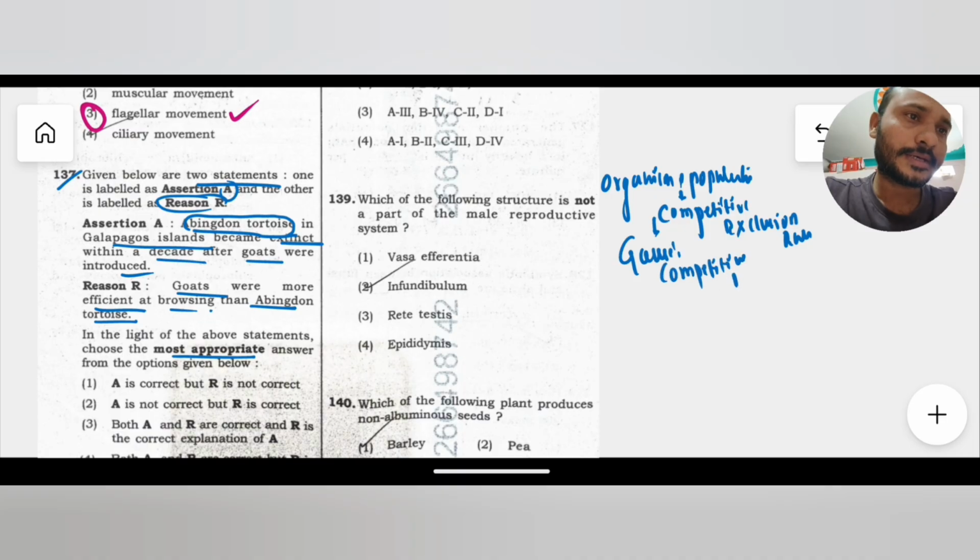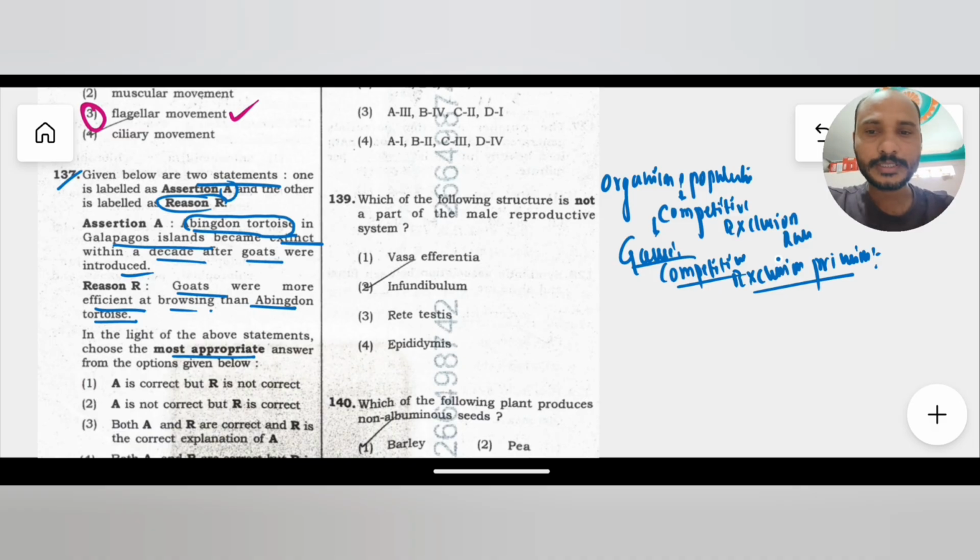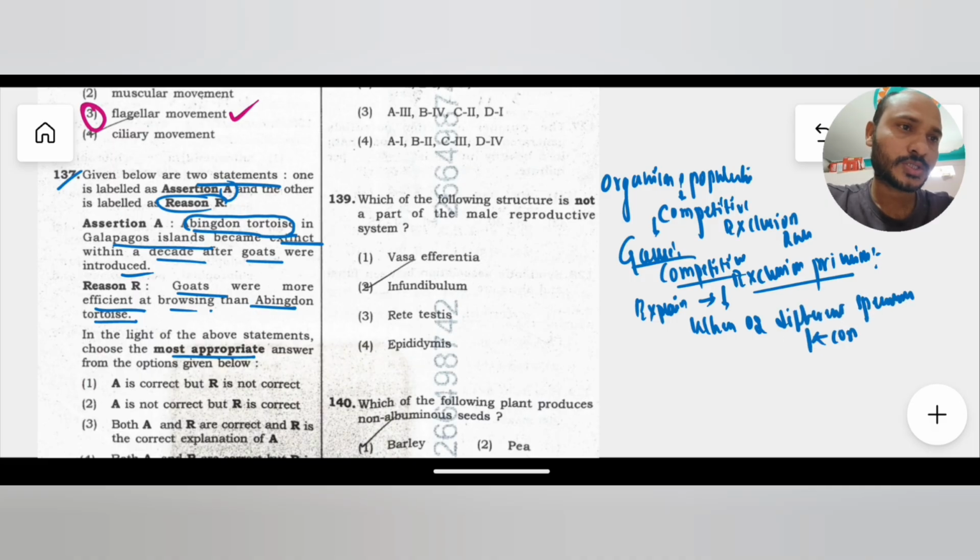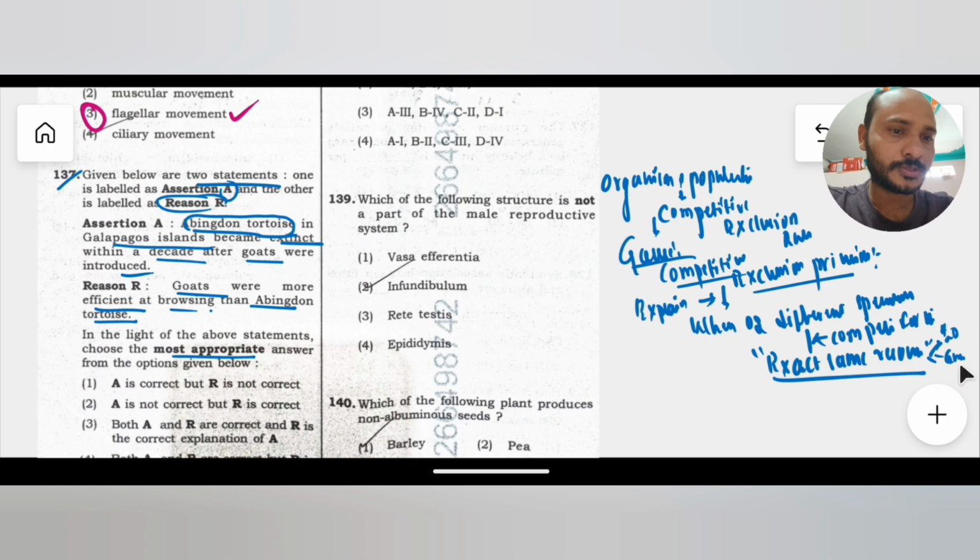This principle explains that when two different species, here a bighorn tortoise and a goat, which are both different species, compete for the exact same resource, like water, grass, food, or anything.